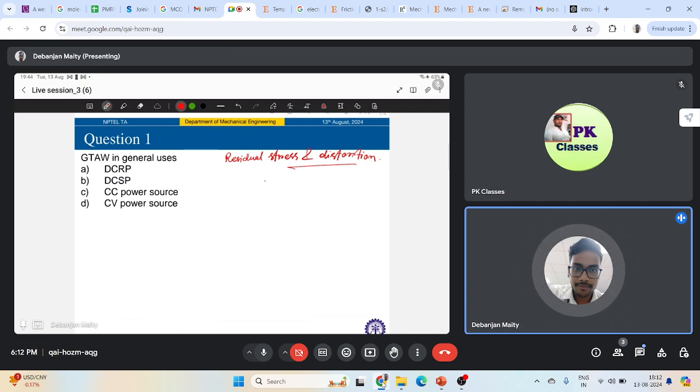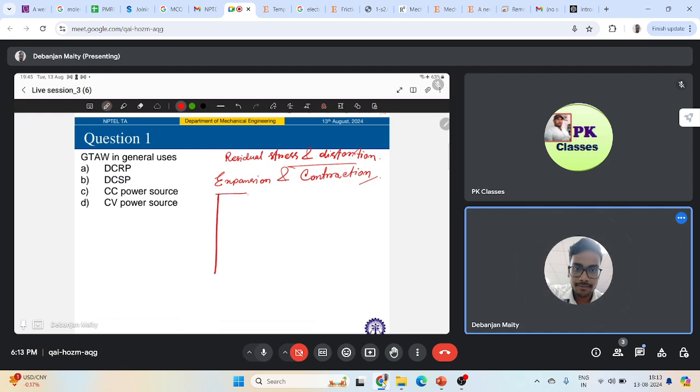This is the result of some kind of restraint to thermal expansion and contraction by the metals to be welded. There will be expansion because of the thermal expansion coefficient property of the material, expansion during heating, and contraction during cooling.